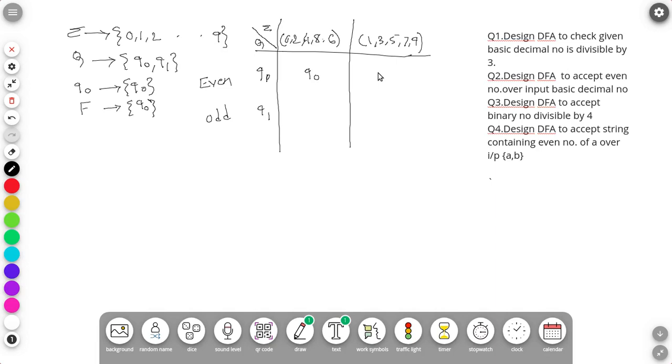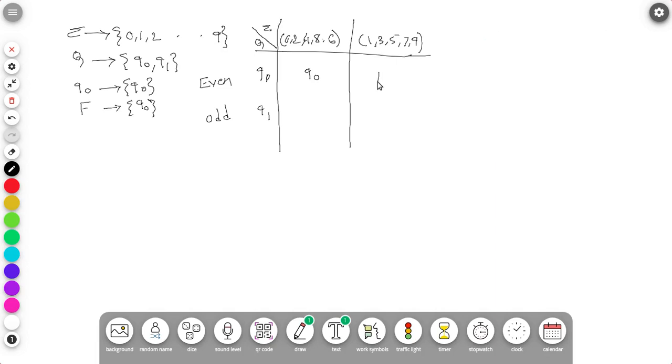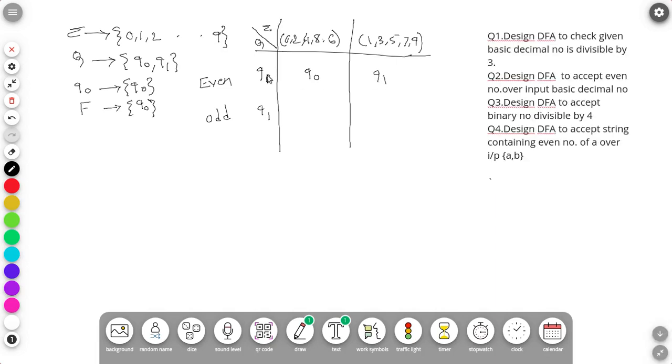With 1, the remainder is 1. With 3, remainder is 1. With 5, remainder is 1. If we divide this set by 2, we get a remainder, so I have state Q1.